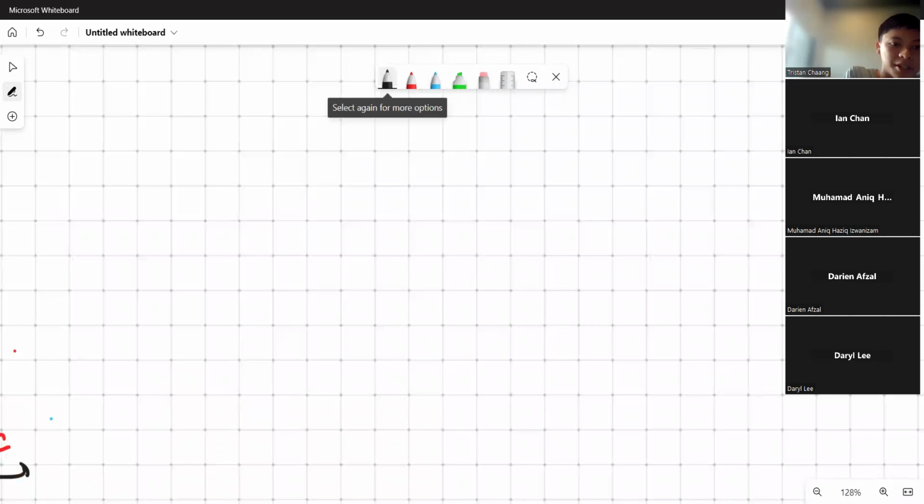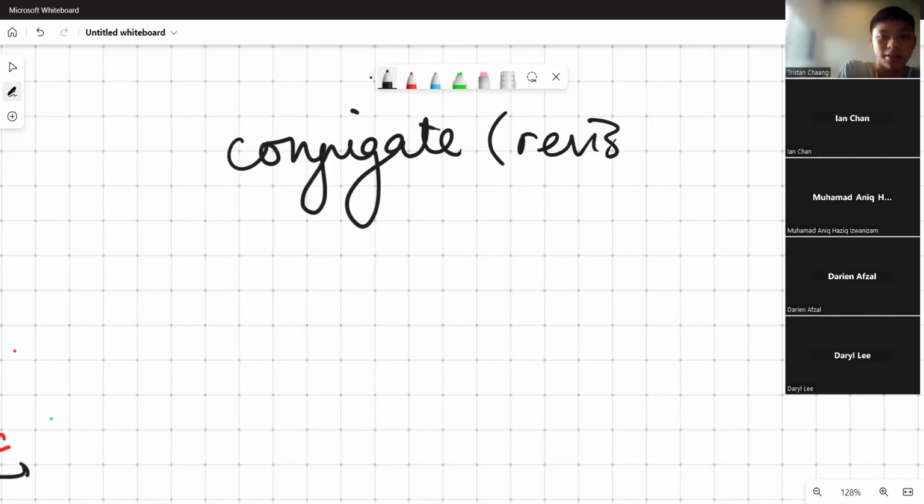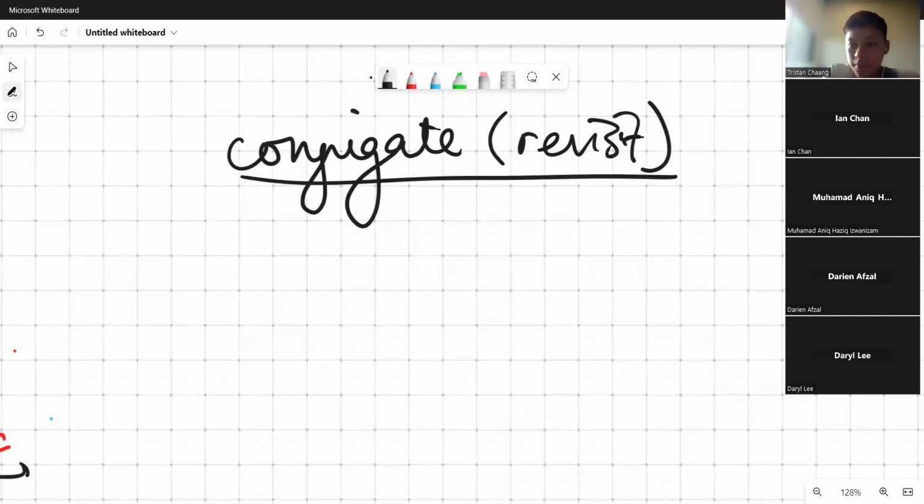So let's look at the conjugate function again. Revisit. So the thing is that conjugation is actually a really, really good operation. It behaves very well under addition, subtraction, multiplication, and division. So let's see what I mean.